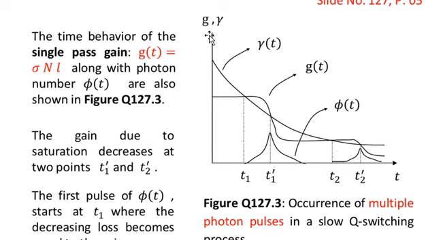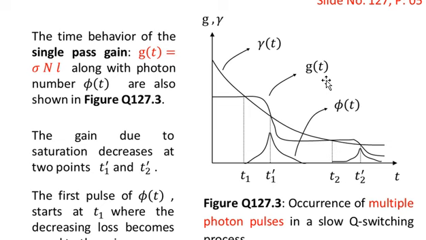I have plotted net gain G and the net loss gamma along the vertical axis, versus time along the horizontal axis. So let's concentrate on the first, gamma of t. You see that gamma of t is slowly decaying along this curve.